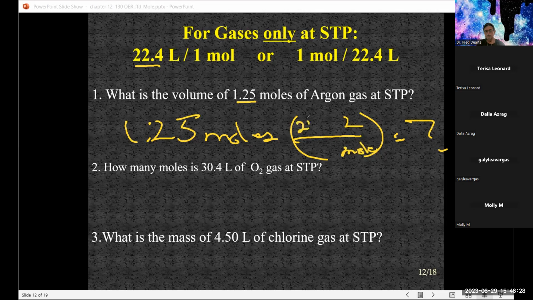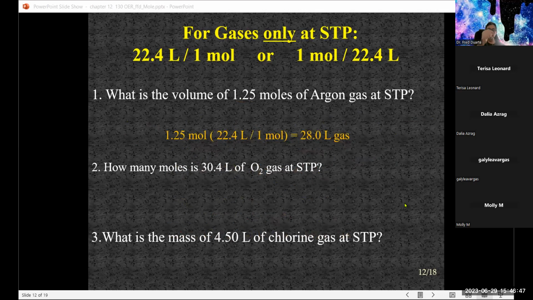So it's 22.4 liters over 1 mole. Moles cancel. Okay, so it's 1.25 times 22.4 liters. And that corresponds to 28.0 liters.